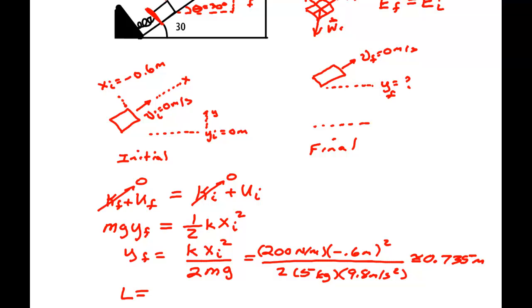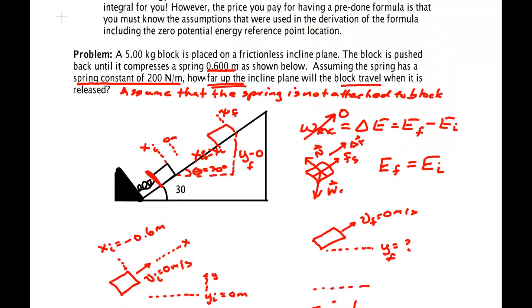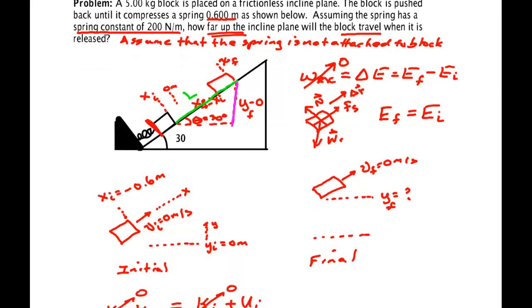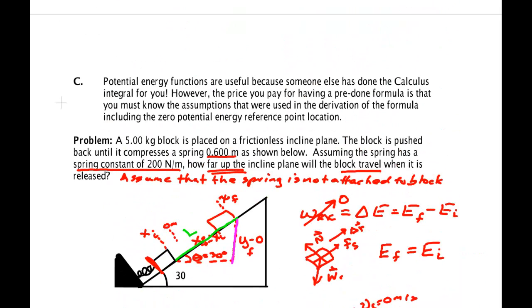They didn't ask me how high did it go. They said how far up the incline. So what they want to know is this distance here, which I'll call L. That's just xf minus xi. And what I know is this part here, 0.735 meters.